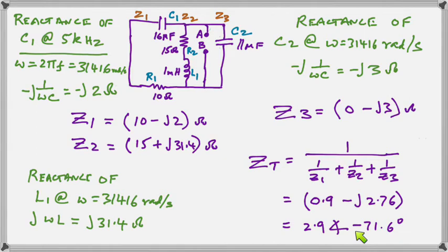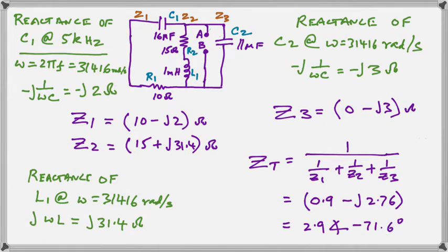Remember, the polar form has an angle and a magnitude, whereas the standard rectangular form has an x and a y component, whereas the x is the real one and the y is the j, or imaginary number. So that is that with that.